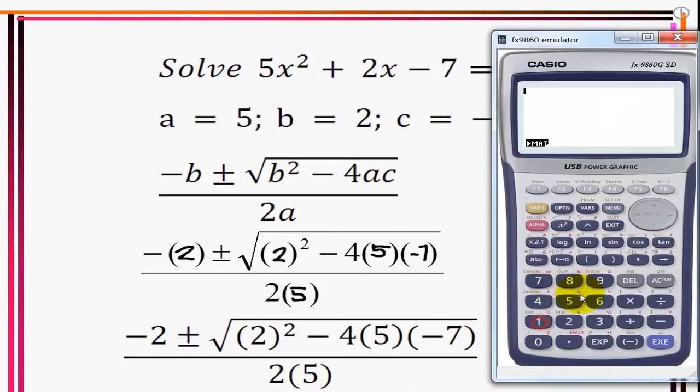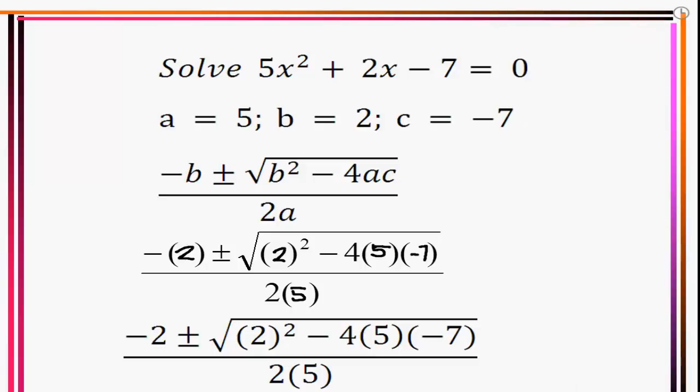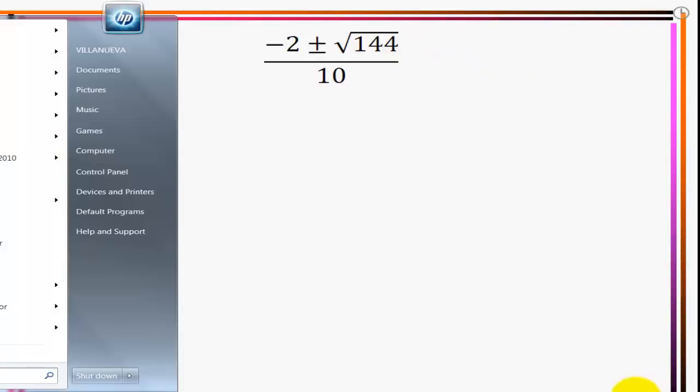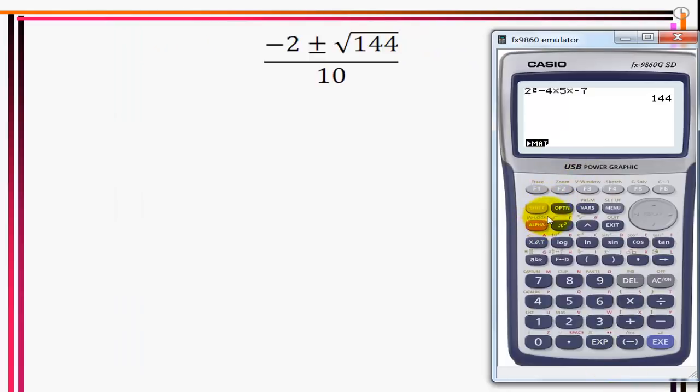We just have to do 2 squared minus 4 times 5 times a negative 7, and this will give me a positive 144. And then we take the square root of 144, and we are going to get 12.